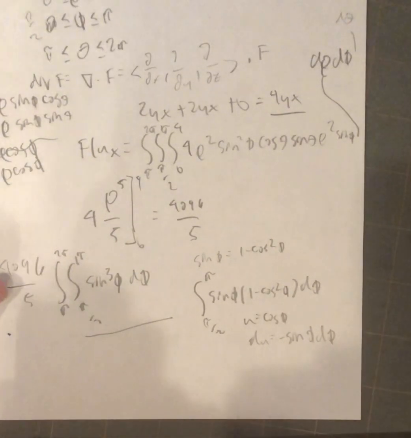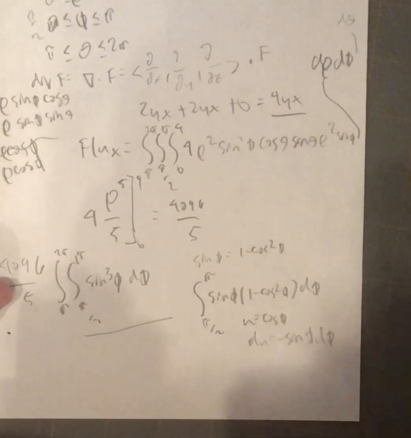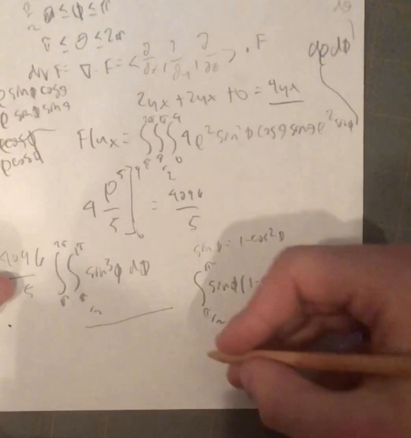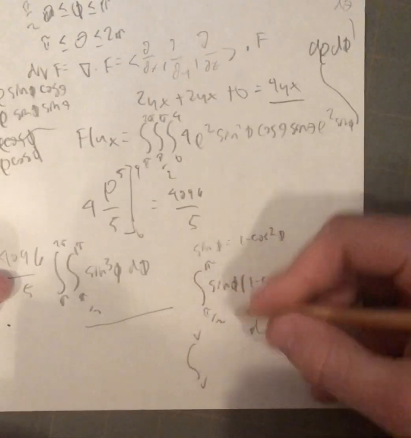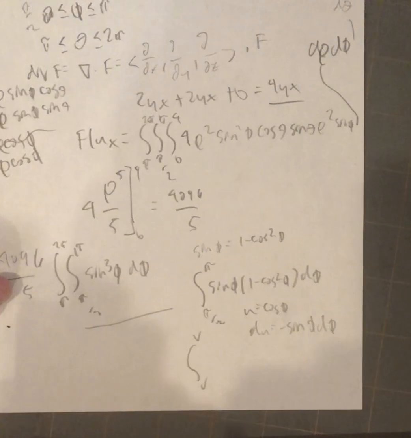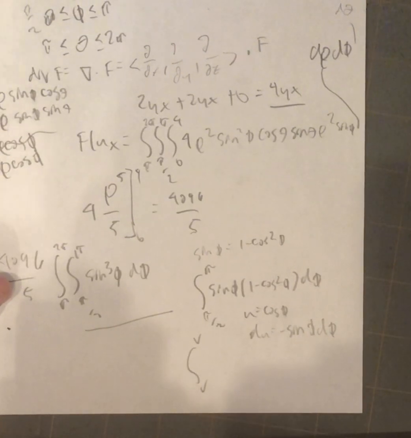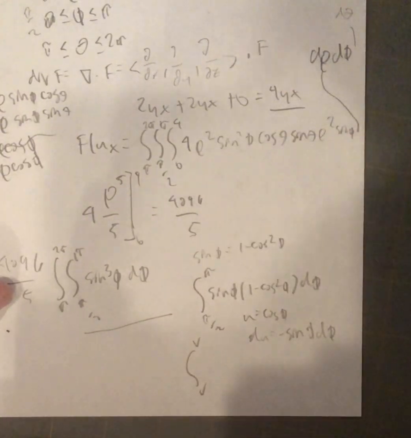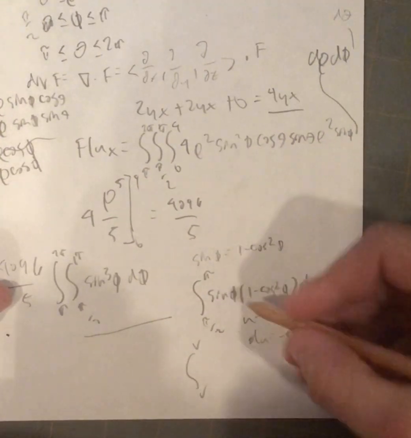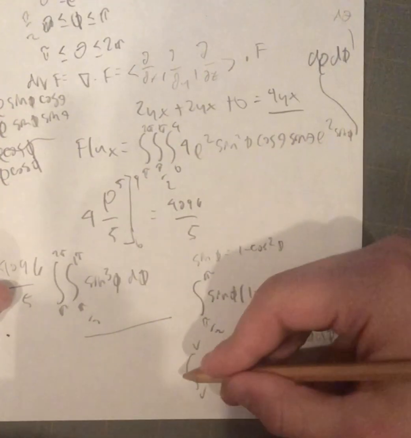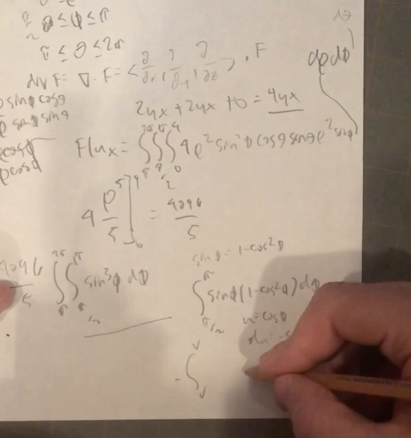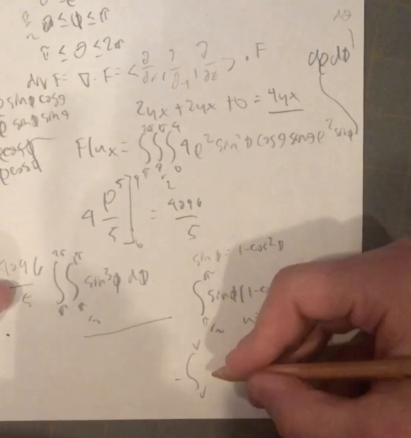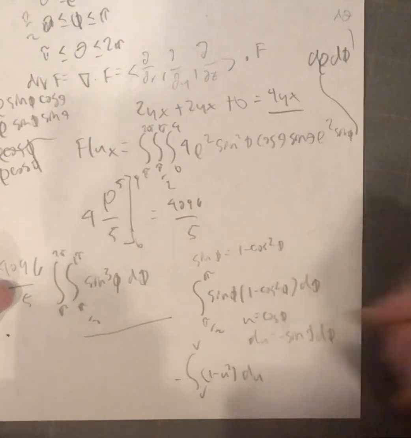All right, so now we can make our substitutions here. This is still a definite integral, but the upper and lower limits are different here. So now we have du is negative that, so that's going to be du, and now we have 1 minus u squared.